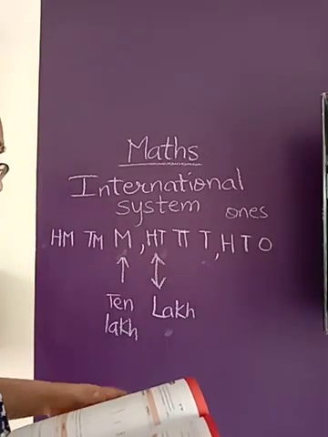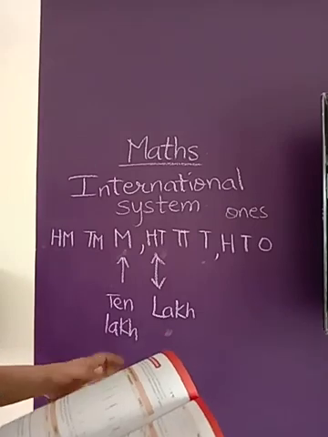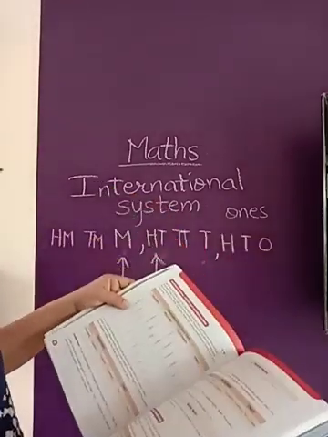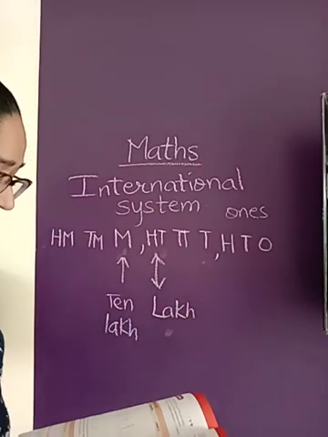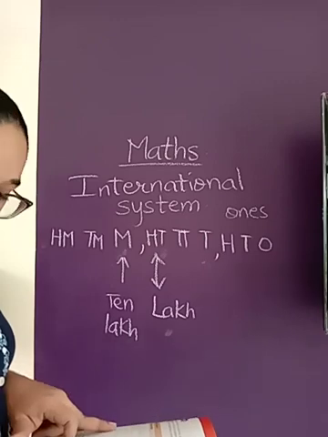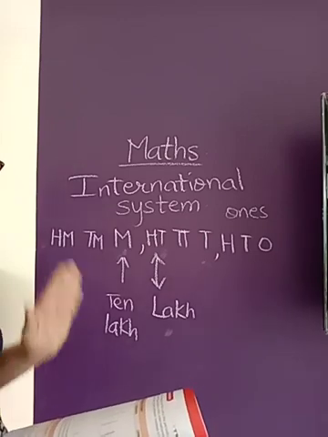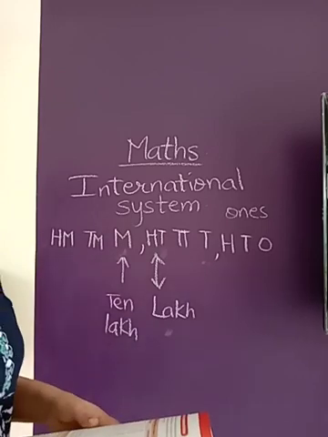So what is the thing here? They have the international place value chart on page 82. You can see ones, tens, hundreds, 1000, 10,000, 100,000, million, 10 million, 100 million, and after that they use the word billion.